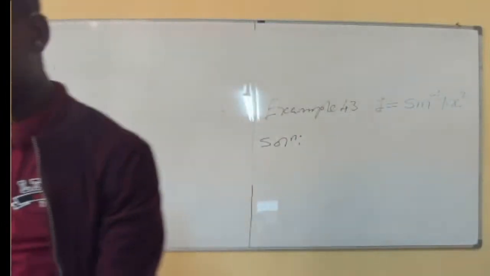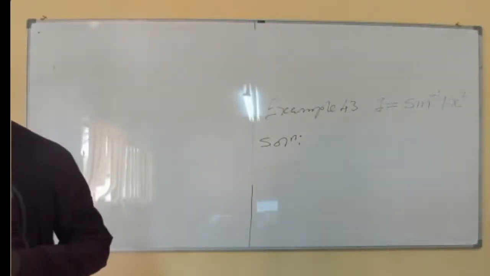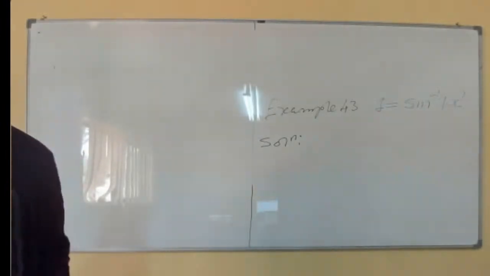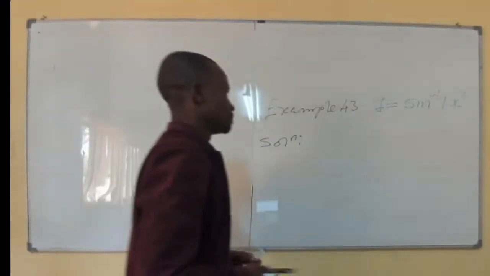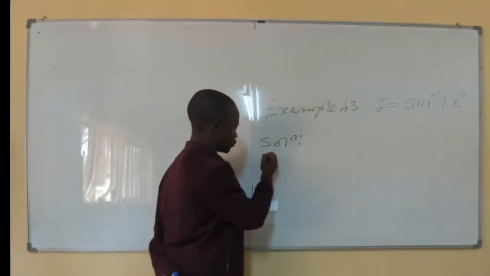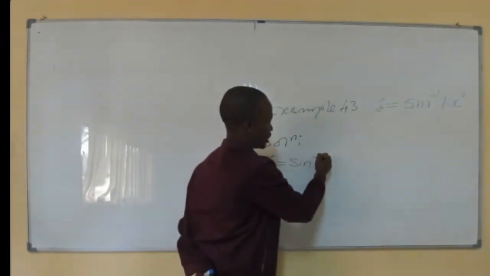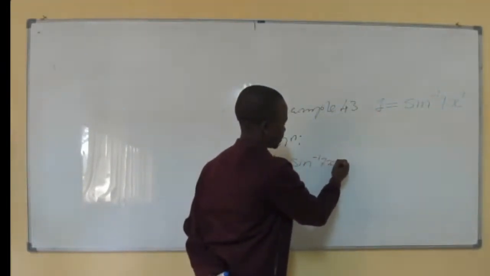As you mentioned, I have to do each and every step involved, so I'll do likewise. The first thing is the equation we've been given: y is equal to sine inverse of 7x squared.